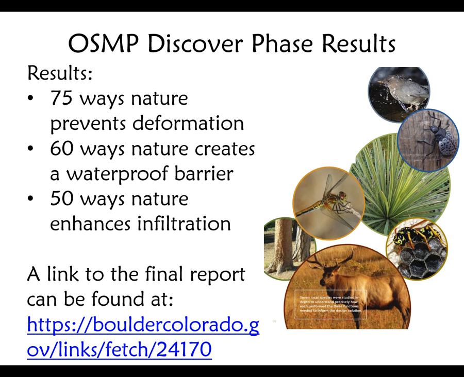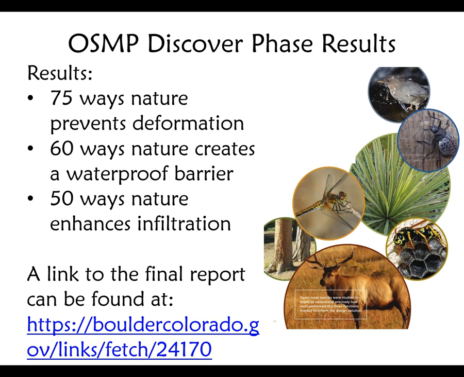So in the discover phase for the OSMP, we found 75 ways that nature prevents deformation. We found 60 ways that nature creates a waterproof barrier, and 50 ways that nature enhances infiltration. This list is fairly extensive because we had the resources and the scientists at the OSMP agency to help us.